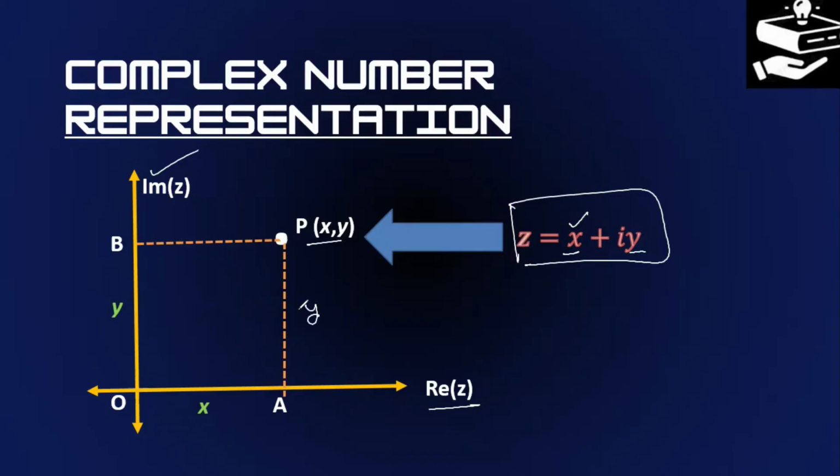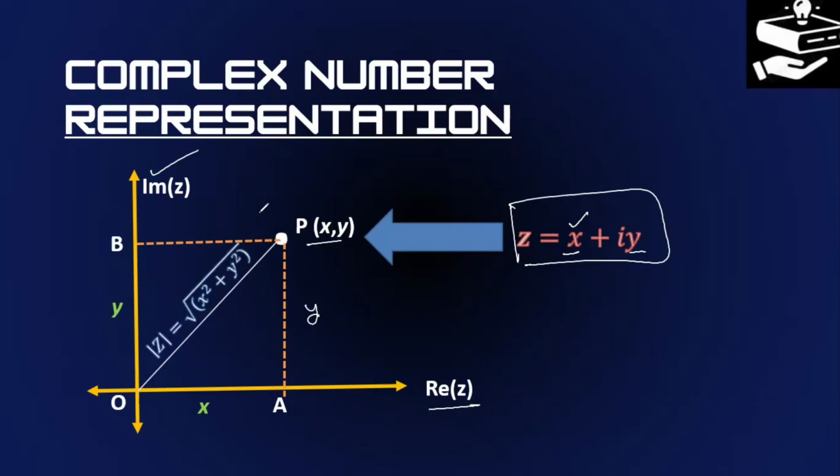Now from here, if we want to find the distance of this point from the origin, we join it, and using Pythagoras we can easily find that this is nothing but root of x square plus y square. For a right angle triangle, the hypotenuse is the square root of perpendicular square plus base square.